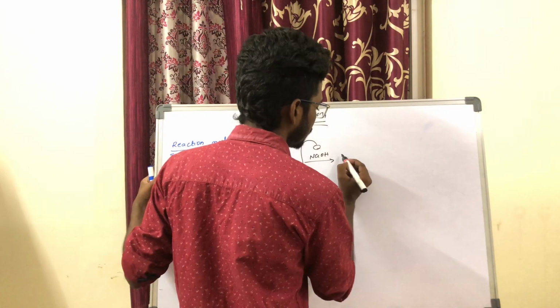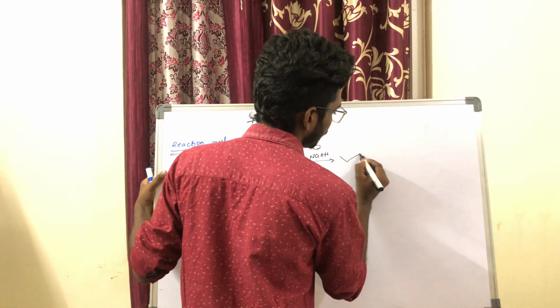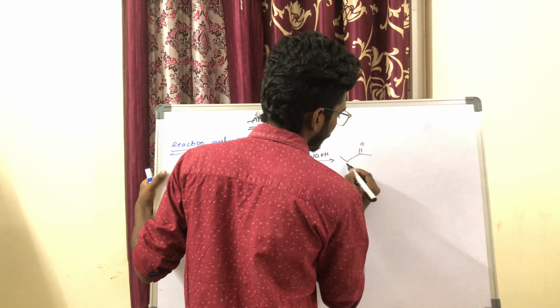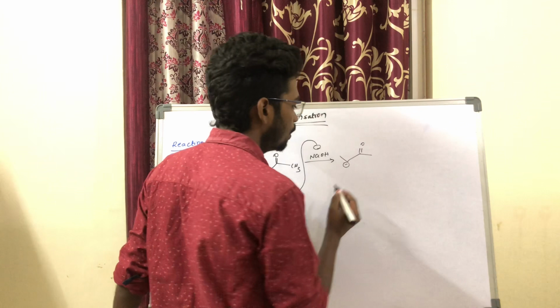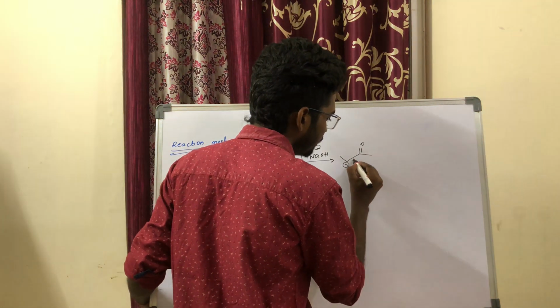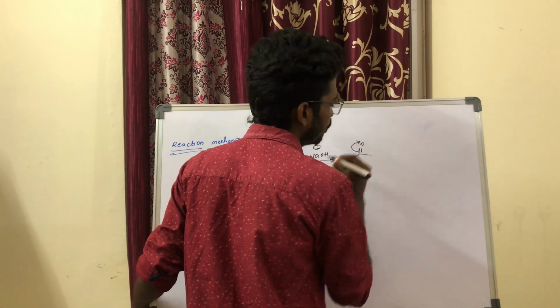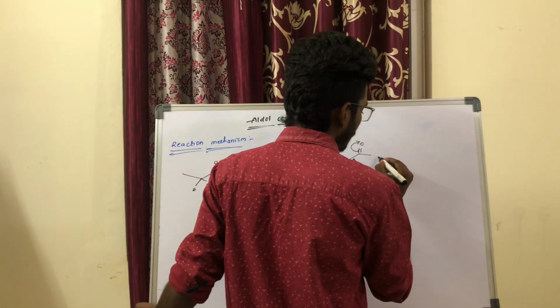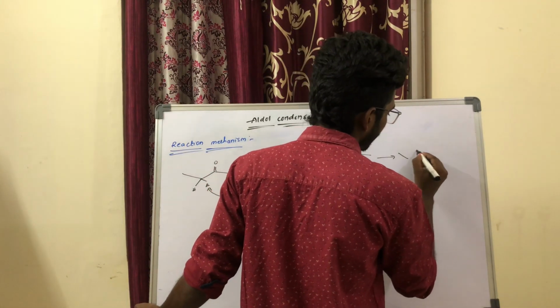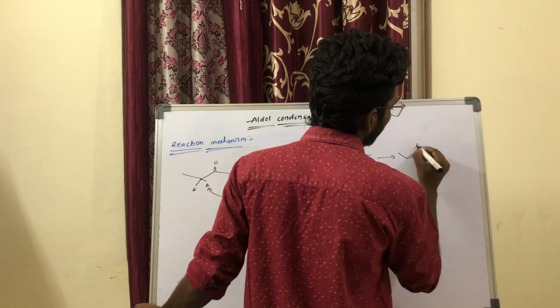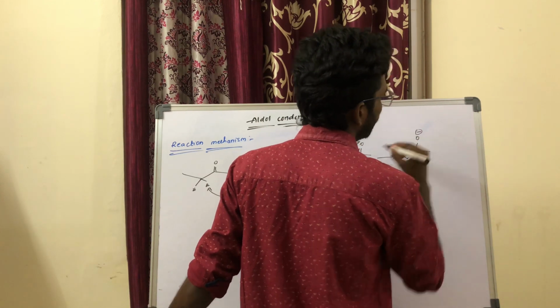So you will get a negative charge here, right? This negative charge attacks and migrates to this side, and this bond migrates towards the oxygen. So you will get a double bond here, O minus, right?